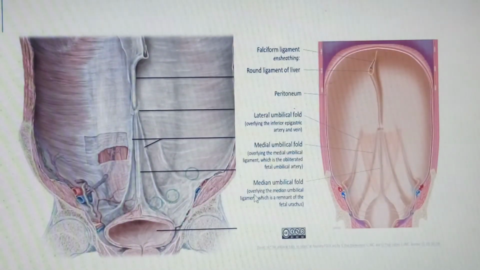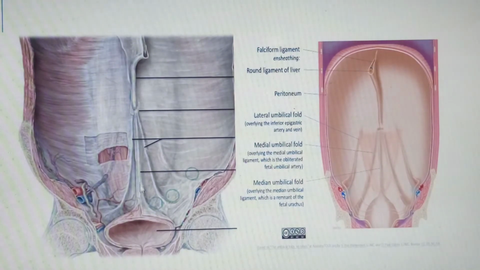So let me show you these ones. Here, this is the midline of the body. Now in the midline of the body, you will find this one, which we call the median umbilical ligament. Now I'm not talking about the medial umbilical ligament. In embryonic life, it was what we call the urachus.